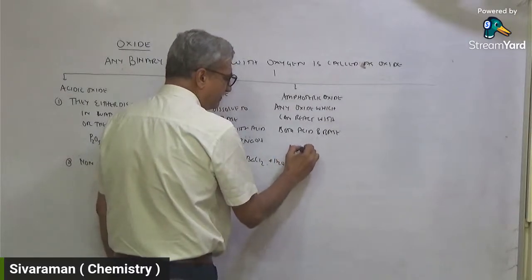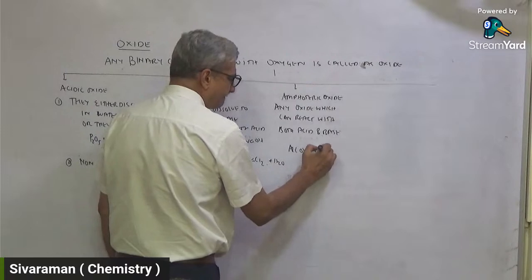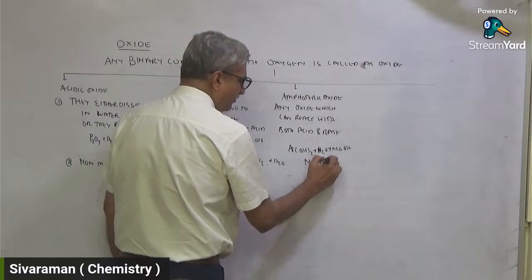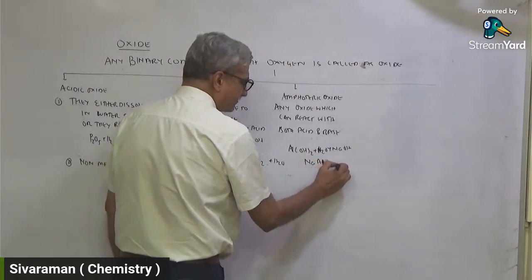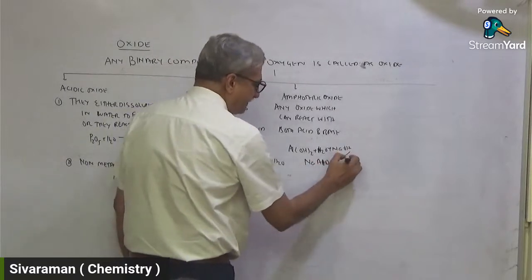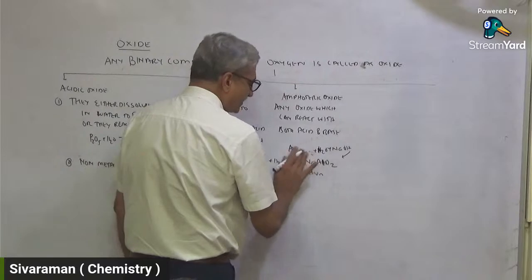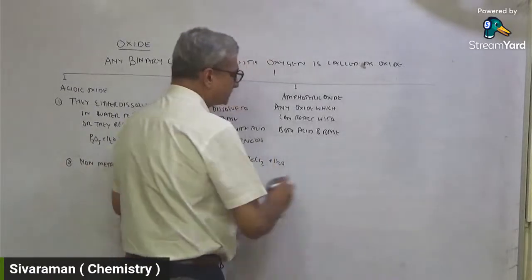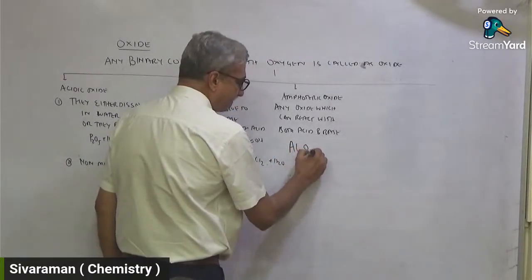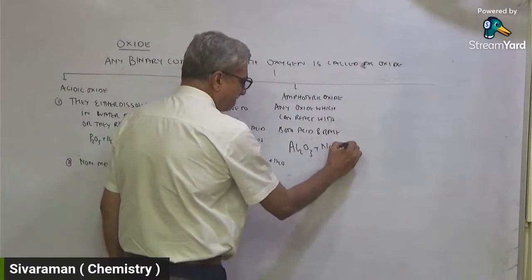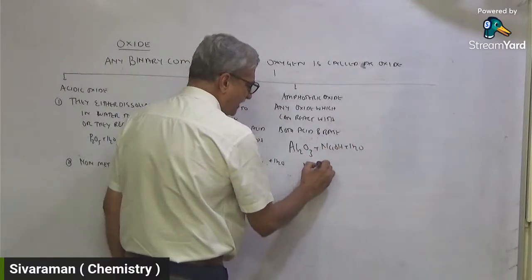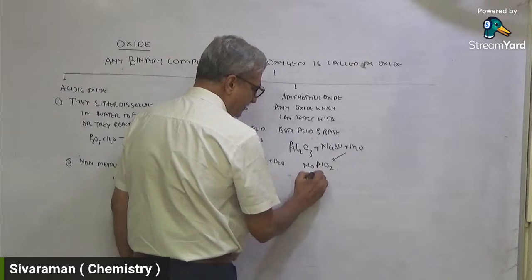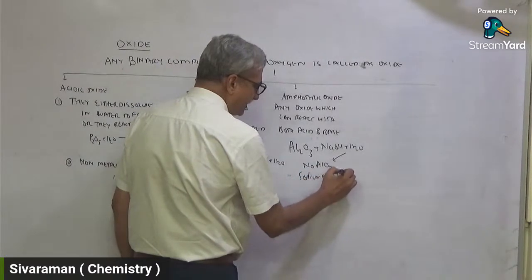Al2O3 plus NaOH plus H2O forms NaAlO2, that is sodium meta-aluminate. One minute, that was a mistake, don't worry. Al2O3 plus NaOH plus H2O forms NaAlO2, sodium meta-aluminate.